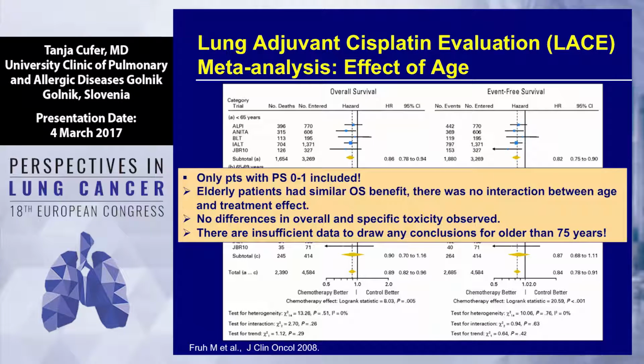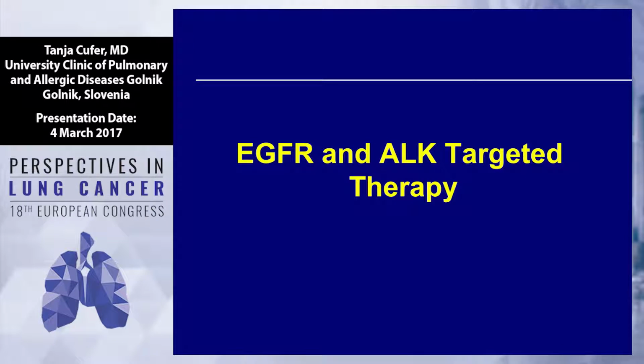There was no interaction between the age and the benefit of adjuvant chemotherapy in the LACE meta-analysis, but only patients up to 75 years have been included. So all the data we have are for patients up to 75 years. For more than 75 years, there are no data about the adjuvant therapy, and only patients with performance status 0 and 1 have been included.